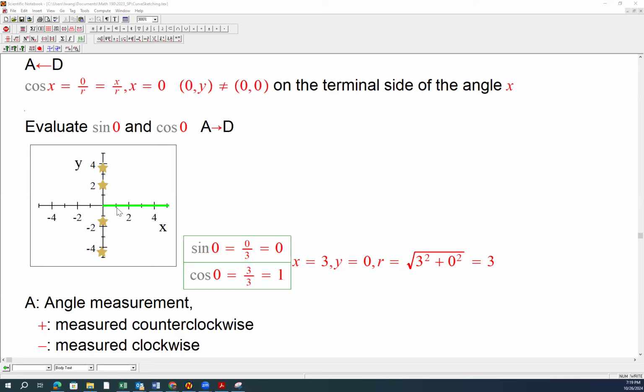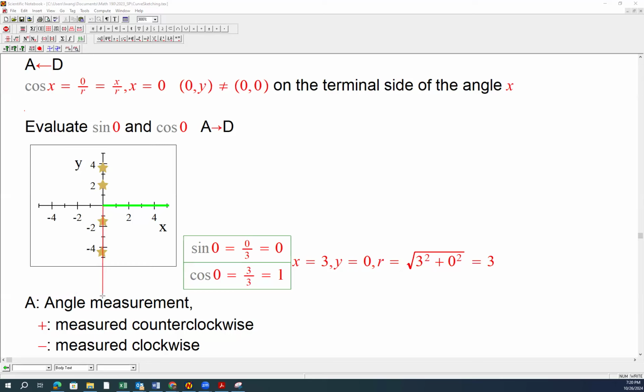So what are the angles that terminate here? We're going to go back to the angle measurement. All angles are measured starting from here. If we terminate on the y-axis in the positive direction, that's pi over 2 or 90 degrees. If we terminate over here, that's 3 pi over 2.